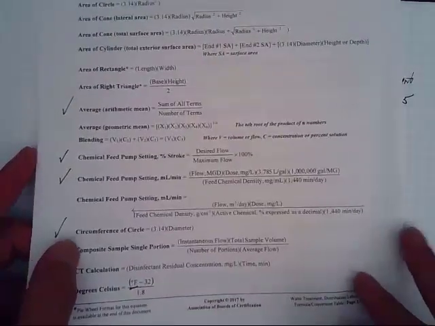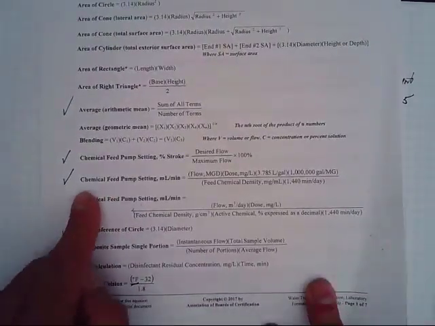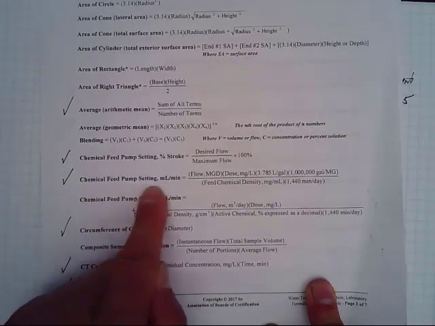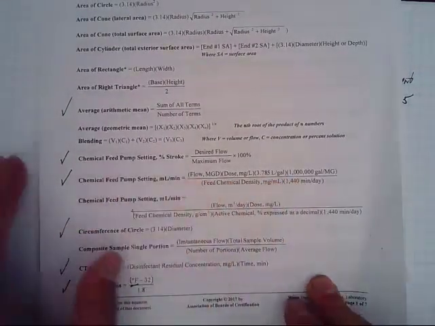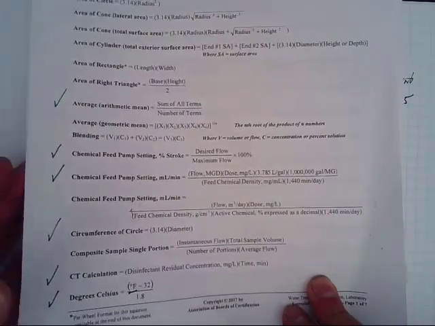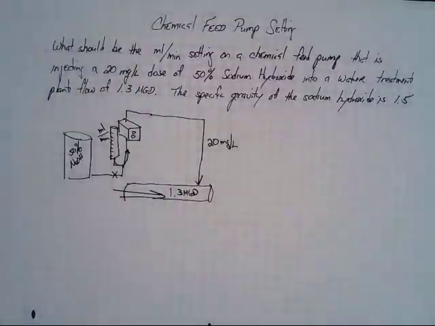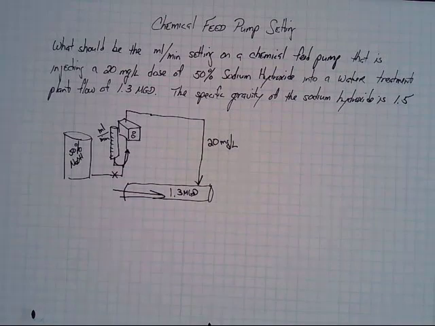is on the first page of our ABC formula sheet, and it's this formula here, the chemical feed pump setting in milliliters per minute. That's where the equation is. It's on the first page. So let's just write that down.